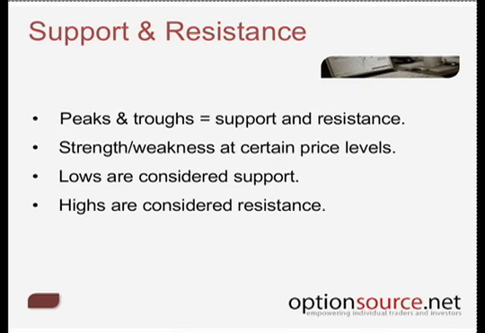The more times a specific peak trades into a certain level, or the more times a certain trough trades into a certain level, the more valid that support or resistance level becomes. And again, it simply reflects strength or weakness at certain price levels. And as I mentioned, the lows are considered support and the highs are considered resistance.